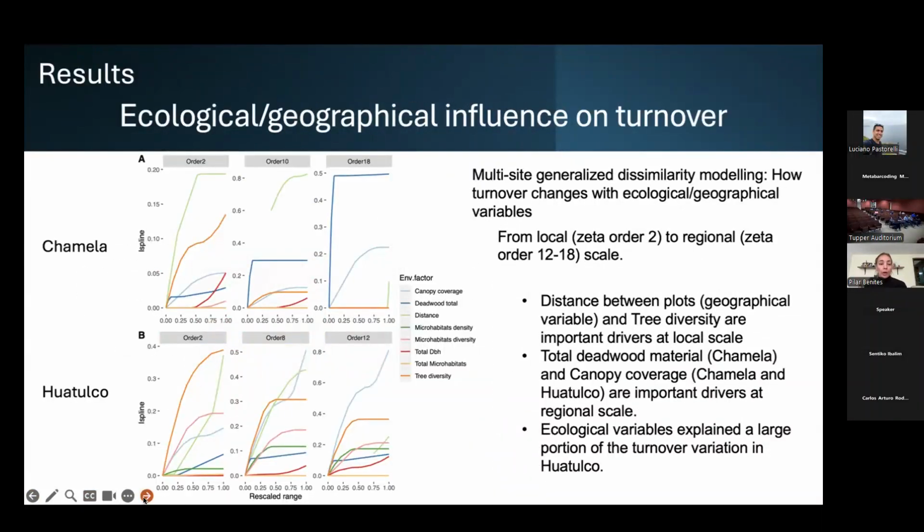So we also look at how ecological and geographical variables influence species turnover. We did that through multi-site generalized dissimilarity modeling, which measures how turnover changes with these variables.